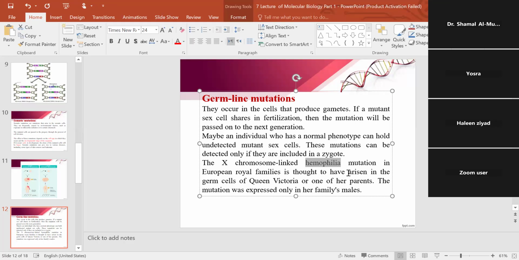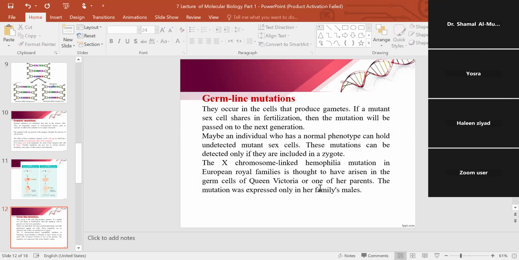in the germ cells of Queen Victoria of England, or one of her parents.